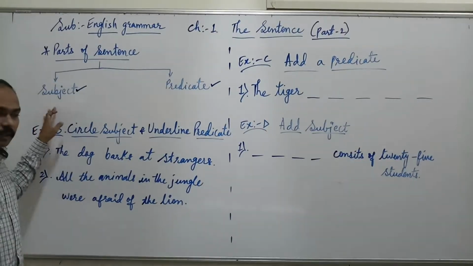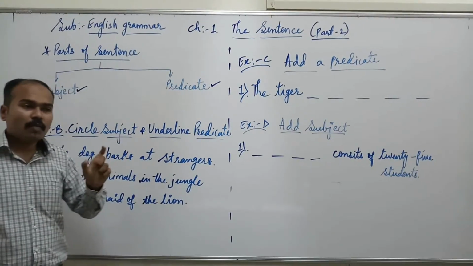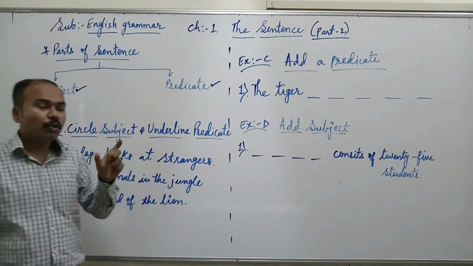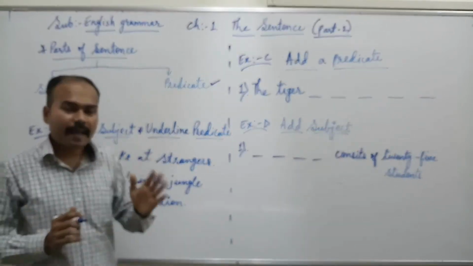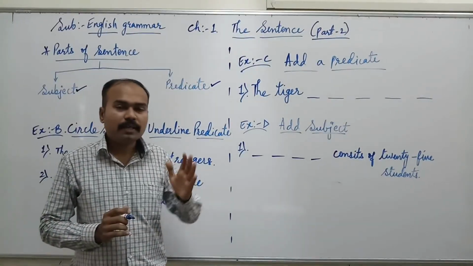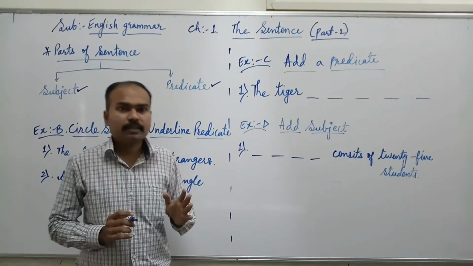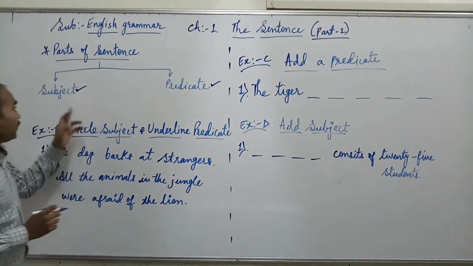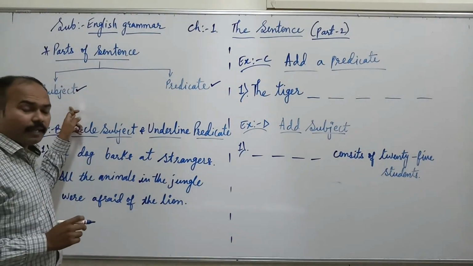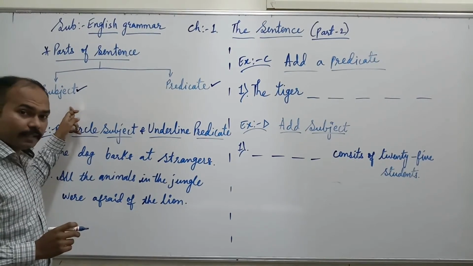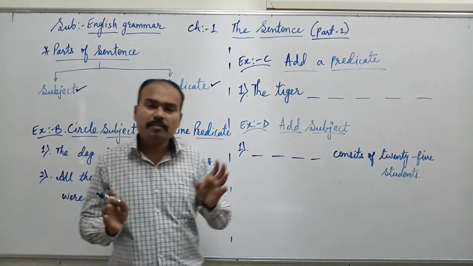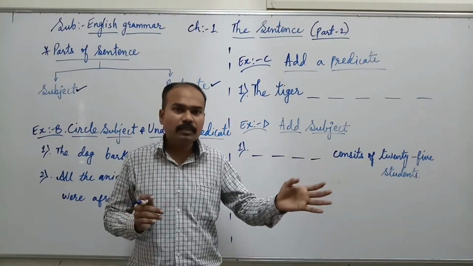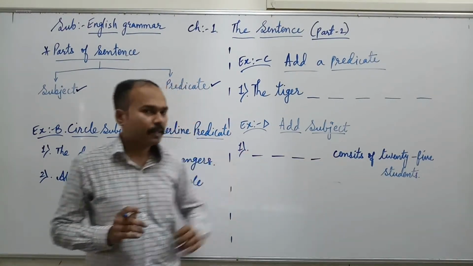Subject is the main thing in the sentence which shows the doer of action, means who is performing the action in the sentence. That is the subject. Second thing, subject comes mainly at the starting point of the sentence. Sometimes it may come at the end of the sentence also.